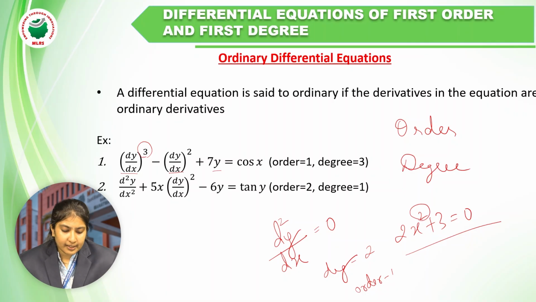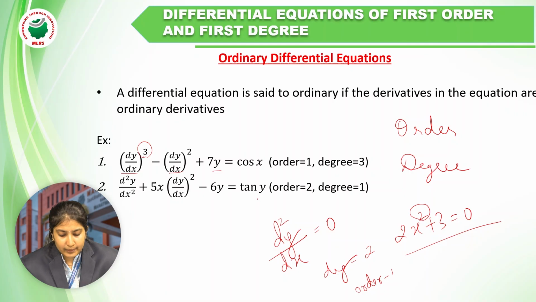If you see, 3 is greater than 2, so 3 is the highest degree. And what is the order? Order is that of the highest order derivative, and the degree is the power of that term. So the degree is 3, and this term is of order 1. That is why here the degree is 3 and the order is 1.